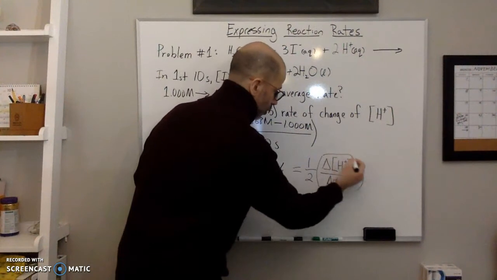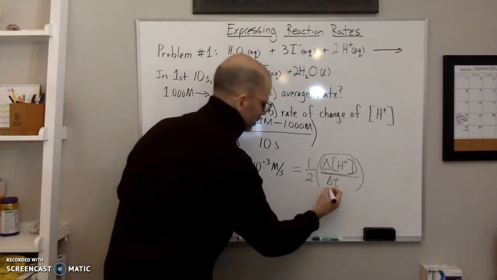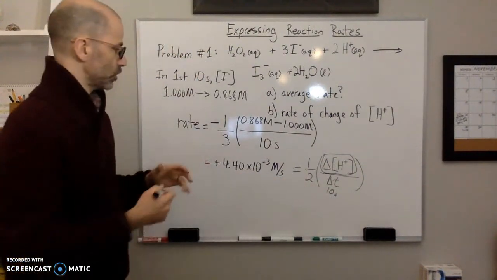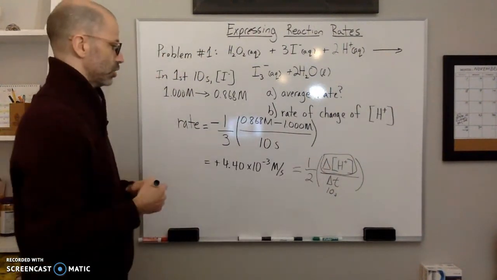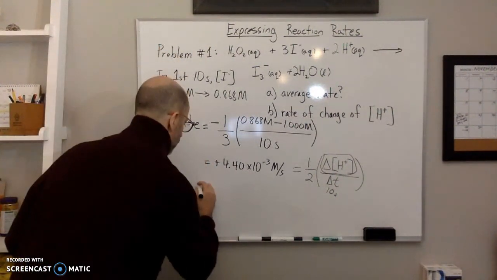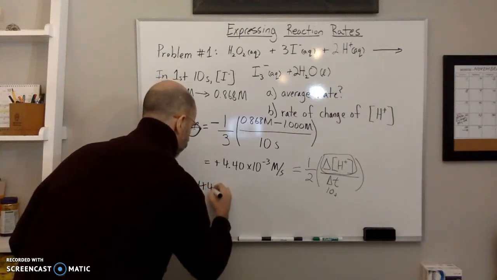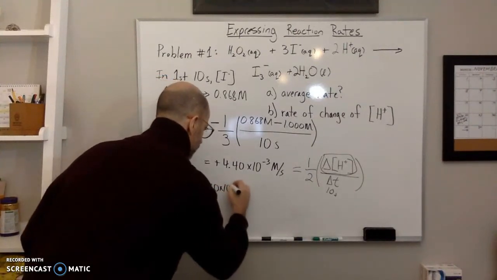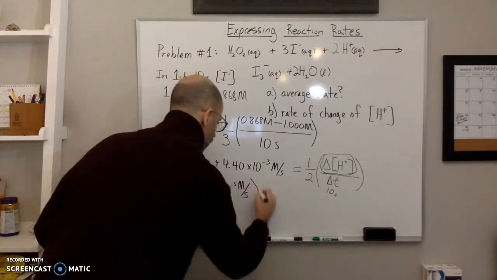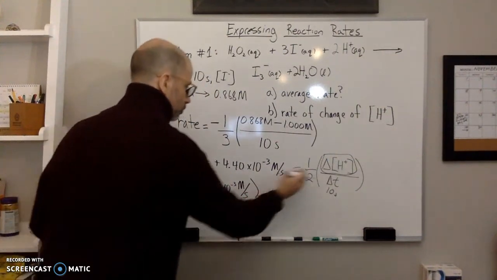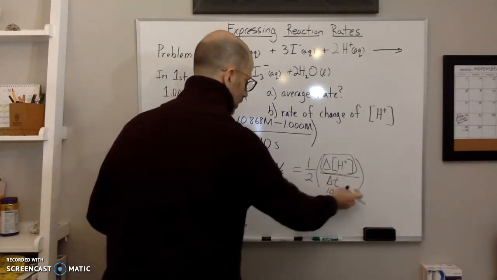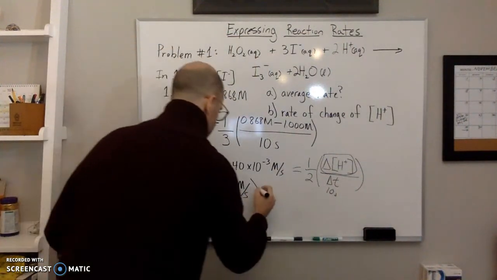This is 10 seconds, this is 1/2, we know this, so we just solve for delta H, the change in hydrogen concentration. And so that's going to be 4.40 times 10 to the negative 3 molar per second, multiplied by 2, because we're multiplying both sides by 2 to get rid of the 1/2. And then we multiply both sides by 10 seconds.